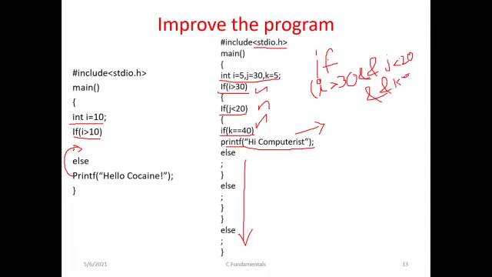Here you should be very clear. It should not be the assignment operator, it is only a condition, a checking operator, k double equal to 40. Then if this is true, go for printf high compute rest. That's it, your program is over. Okay, so this is how you can improve the program.